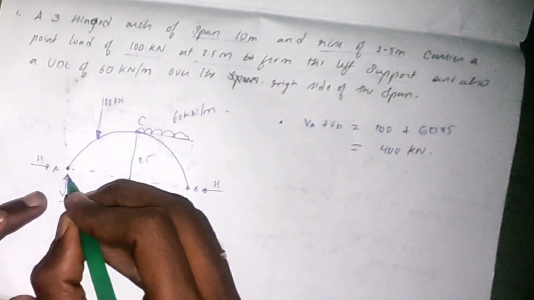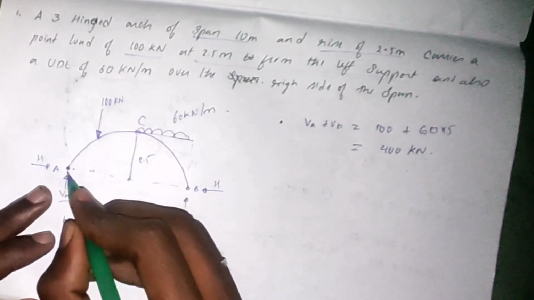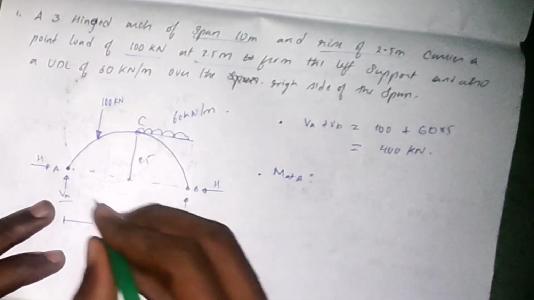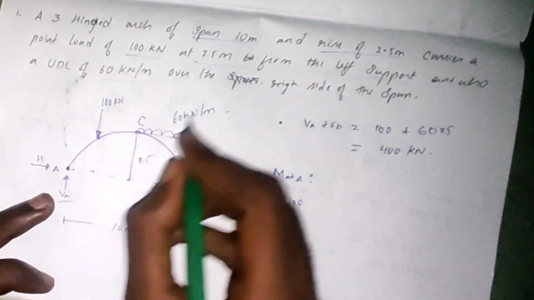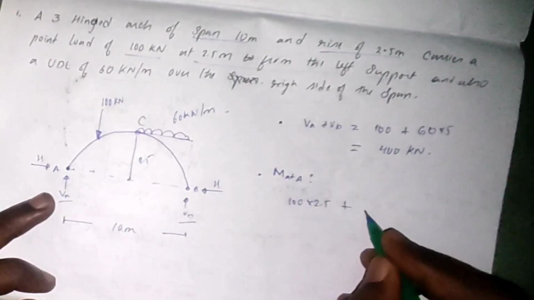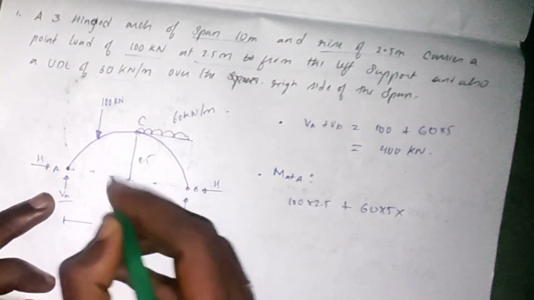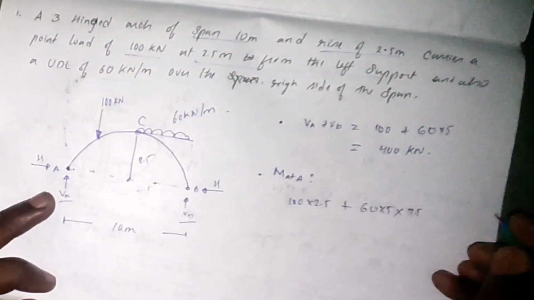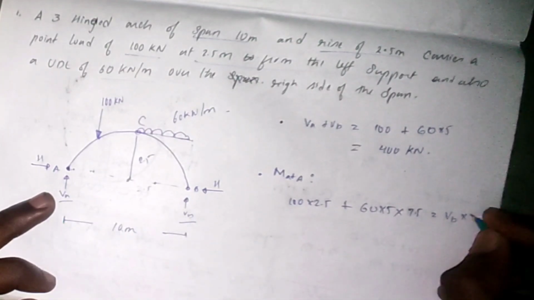Now taking point A and finding moment at A, we'll get 100 kilonewtons into 2.5, plus 60 into 5 into this distance, which will be 5 and this will be 2.5, half of 5, so that will be 7.5, will be equal to VB into 10.